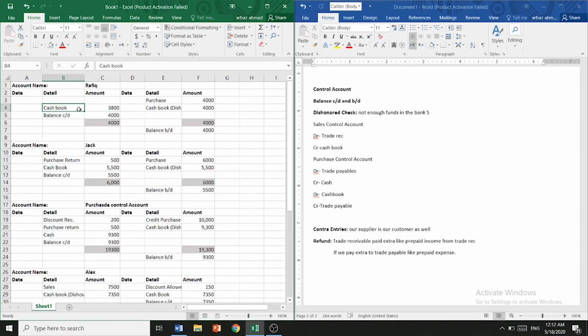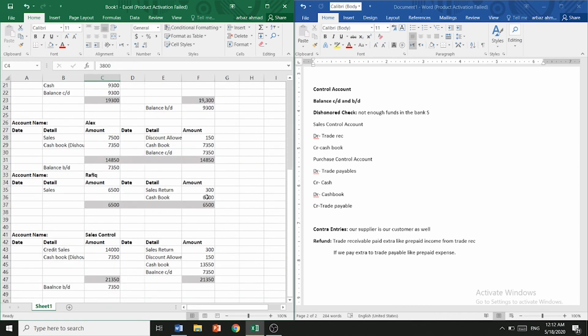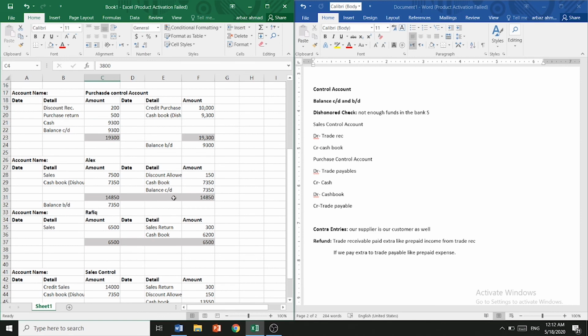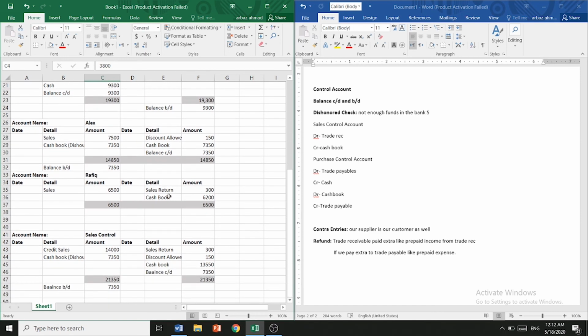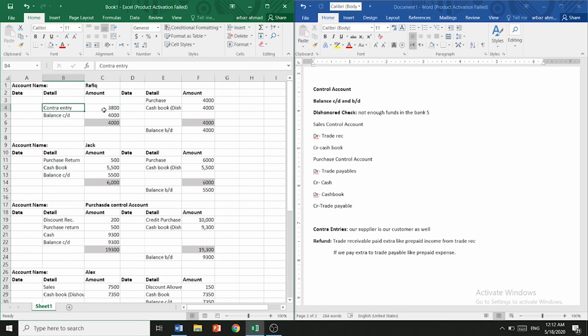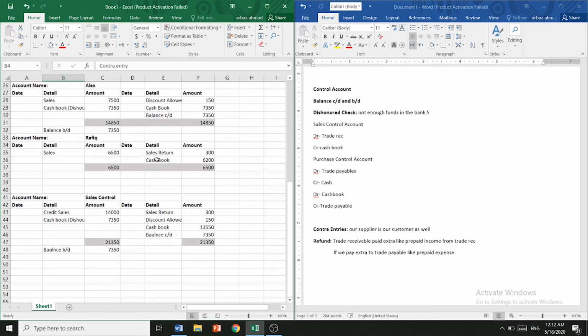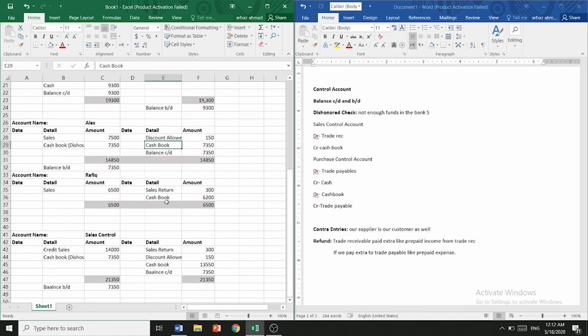So instead of paying to him, I will make the contra entry of the amount I paid here, and I will reduce the amount he is supposed to pay me from his account.